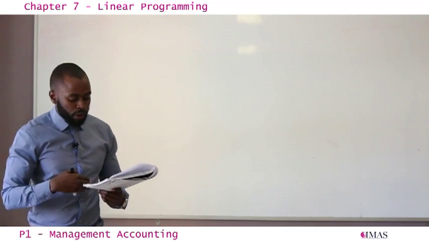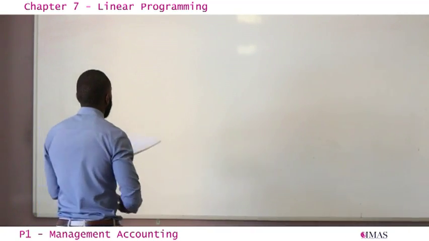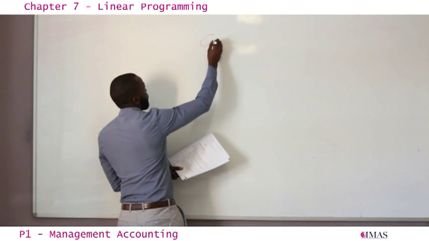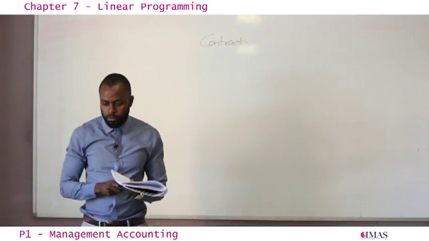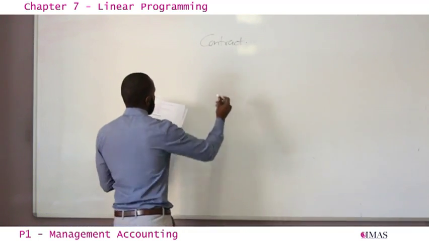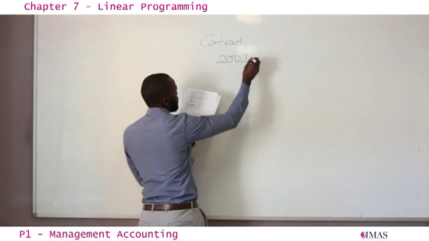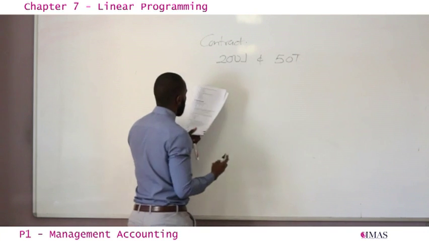Here I'm going to determine all the constraints, although the question only wants cotton. But before we determine the constraints, first we need to look at the contract. The contract is for 200 jackets and 50 trousers.